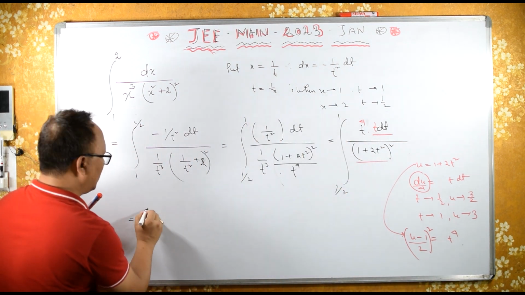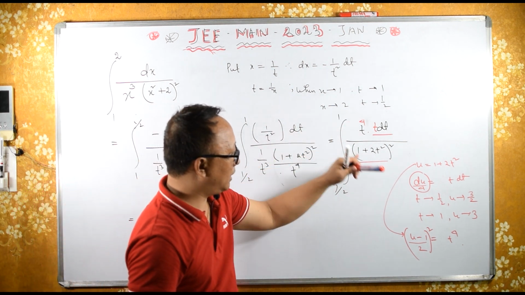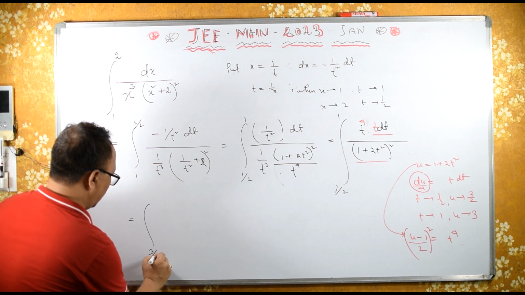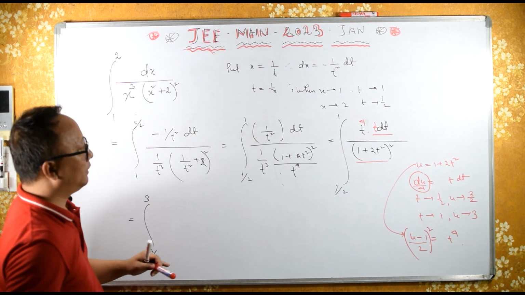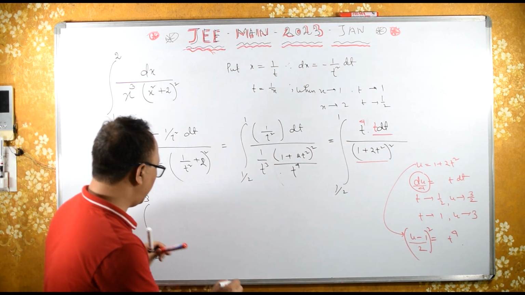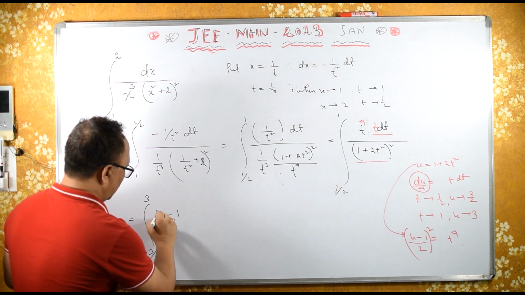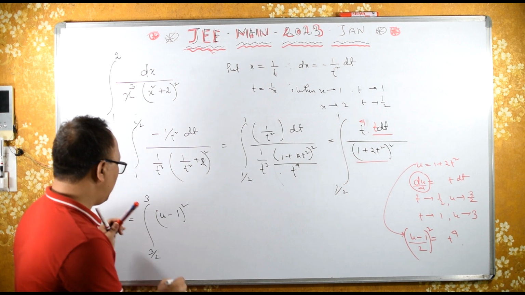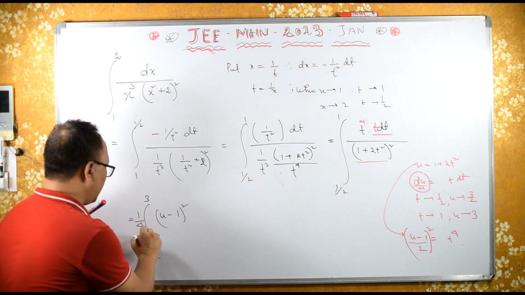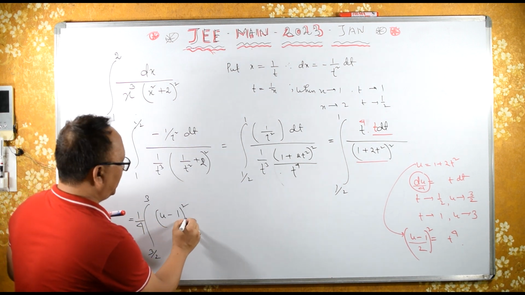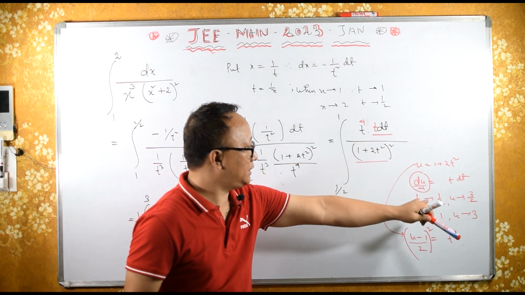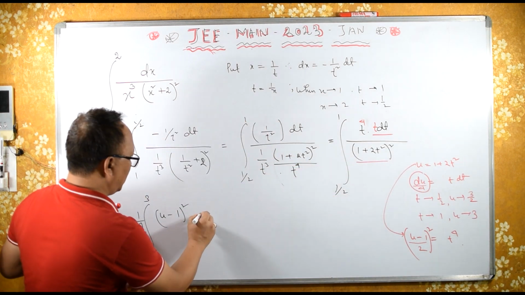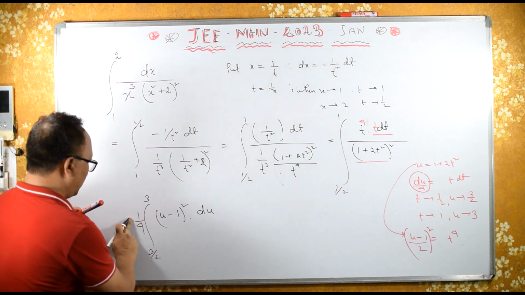This is equal to, the limit from half to 1 becomes 3 by 2 to 3. Here, 3 by 2 to 3. Now, t raised to 4 is what? u minus 1, square, this 2 square is 1 by 4, I am taking it outside, into, okay. t dt is what? t into dt is du upon 4.